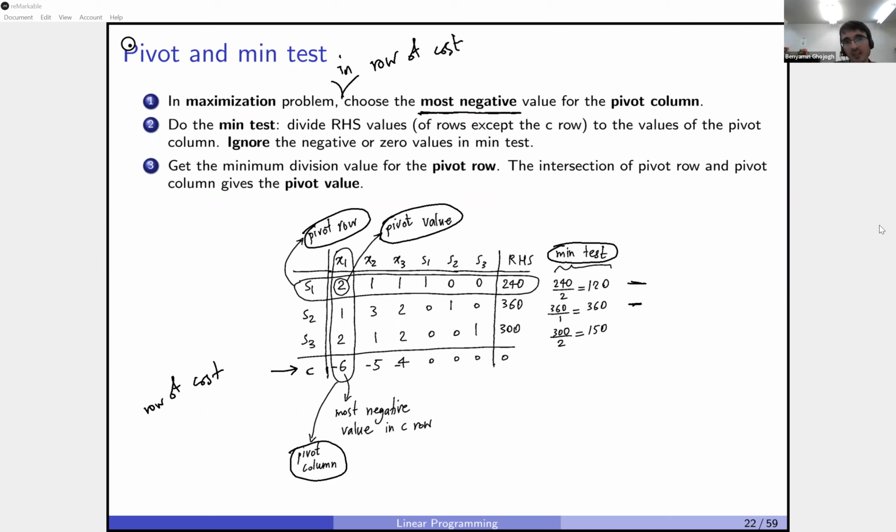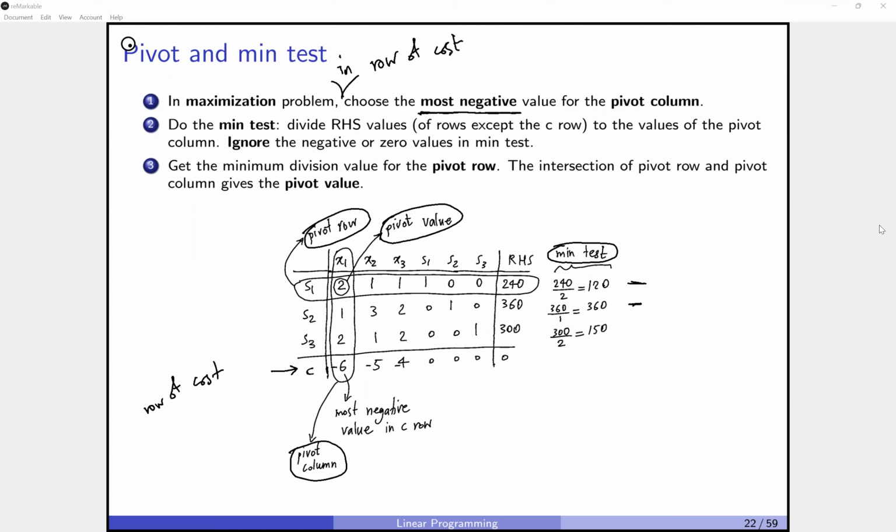Among those which you don't ignore, take the minimum, and this will be the pivot row. So the order is: take the pivot column, then do the min test, then choose the pivot row. The intersection will give you the pivot value. So far clear?